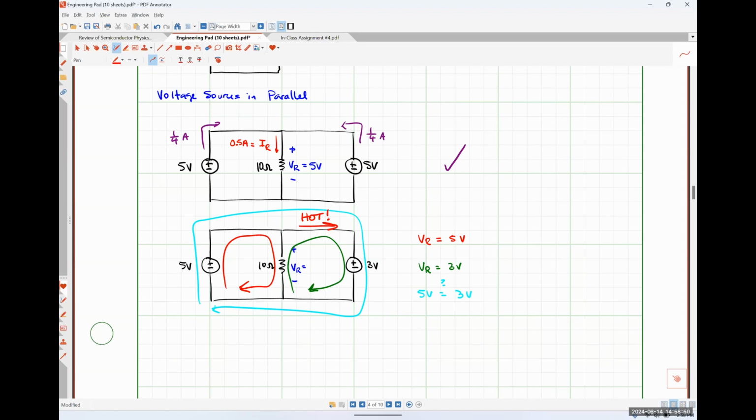So anyway. All right, so we've talked now about combining voltage sources in series, which is fairly straightforward. Voltage sources in parallel, we have to pay a lot of attention to.